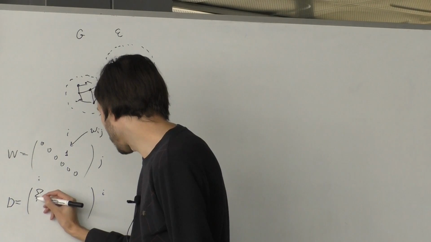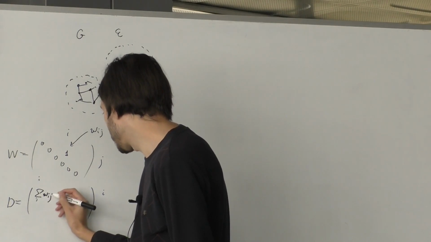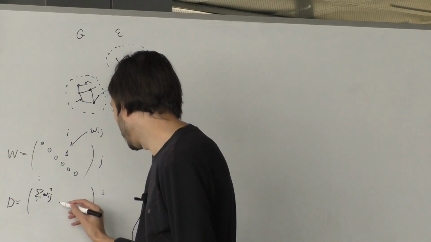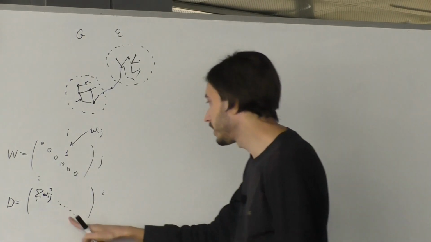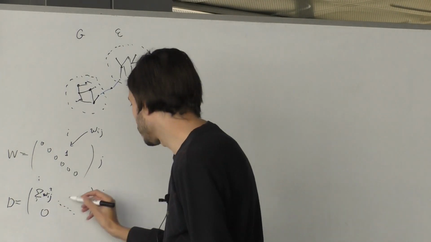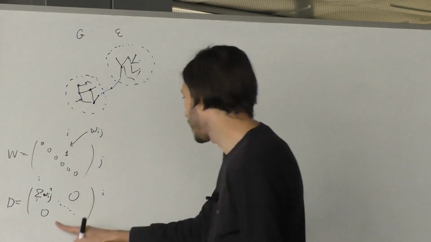I will have the sum over J of w_IJ squared, and so on. These I have on the diagonal. Here I will have zeros. So this is what I have.